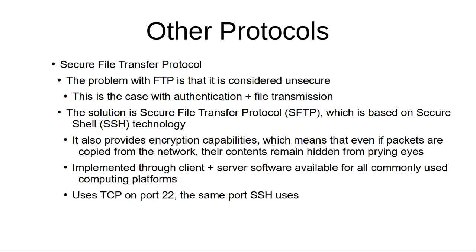It also provides encryption capabilities, which means that even if packets are copied from the network, their contents remain hidden from prying eyes. Implemented through client-server software available for all commonly used computing platforms, this uses TCP on port 22, the same port SSH uses. So again, SFTP uses port 22, FTPS uses ports 989 and 990.